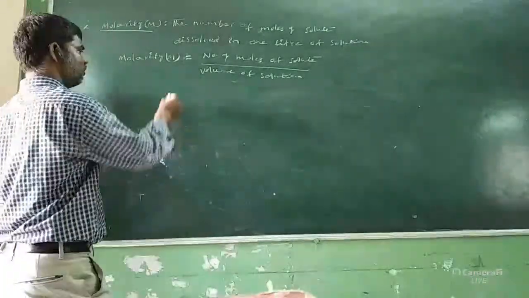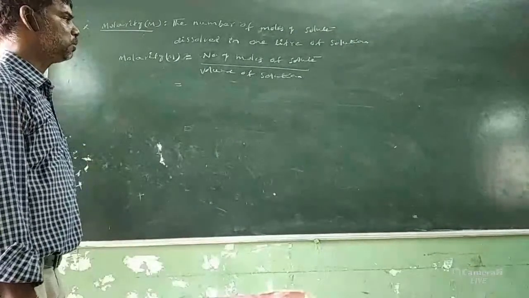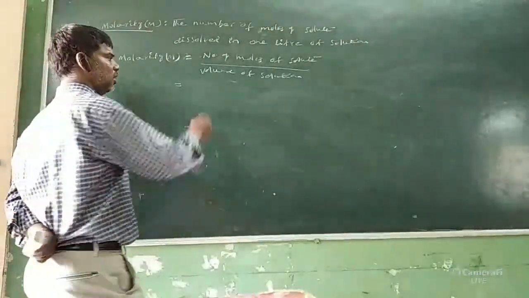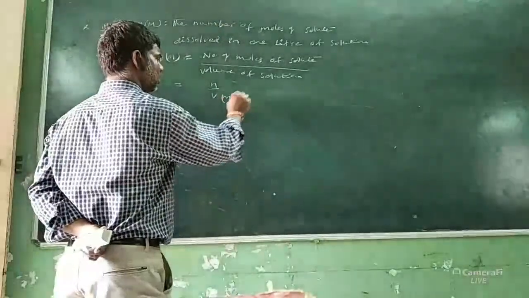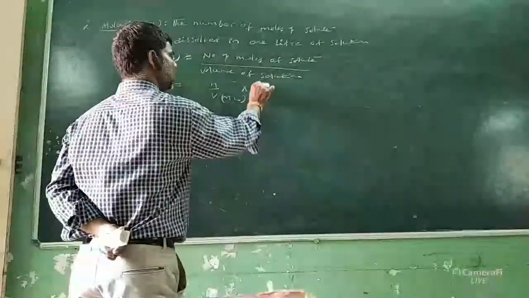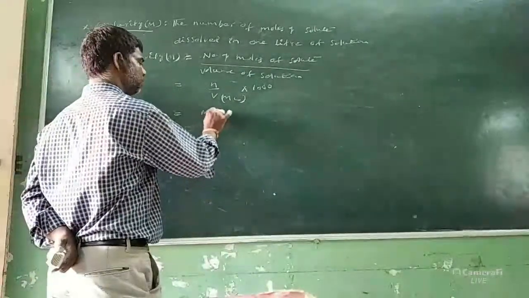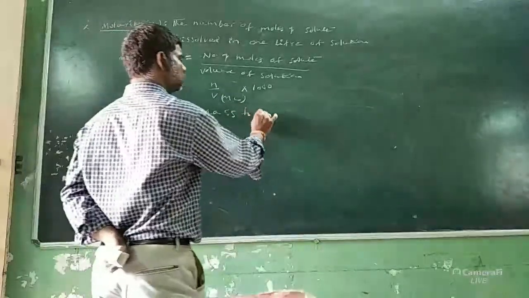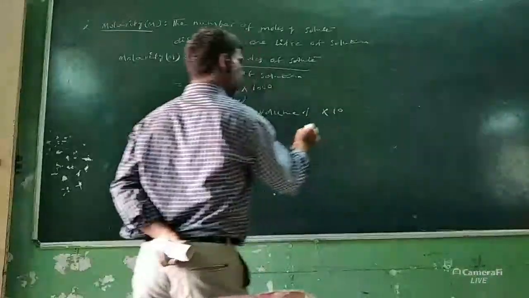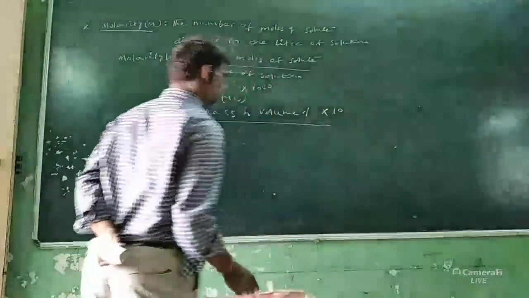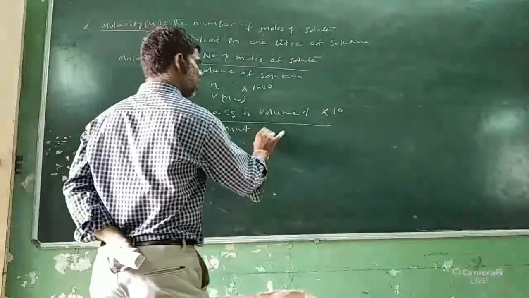So the different formulae for calculating molarity: number of moles of solute by volume of solution, here N by V, suppose it is in ml, into 1000. That is one more formula. Another formula: mass to volume percentage into 10 by gram molecular weight of solute.